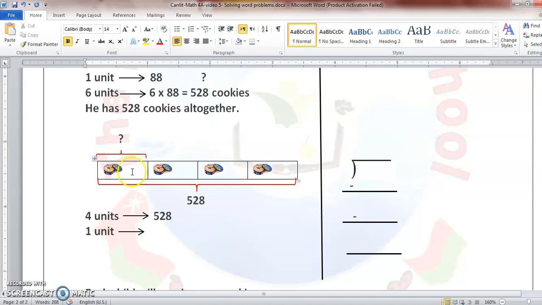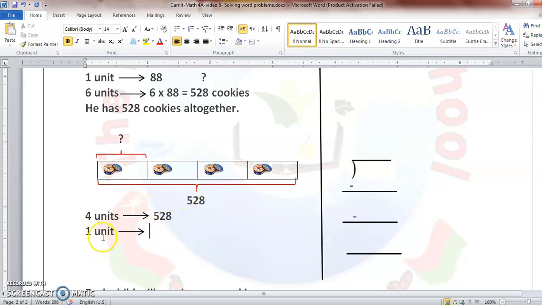So these are the 4 children. Each child will receive how many cookies? 1 unit or 1 child, meaning 4 children, the total is 528 cookies.